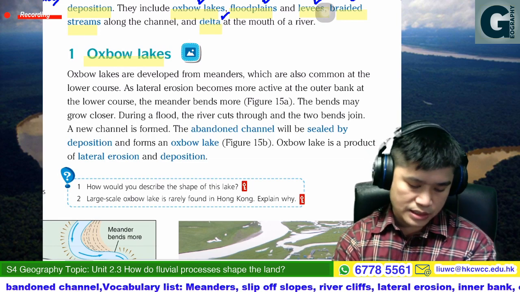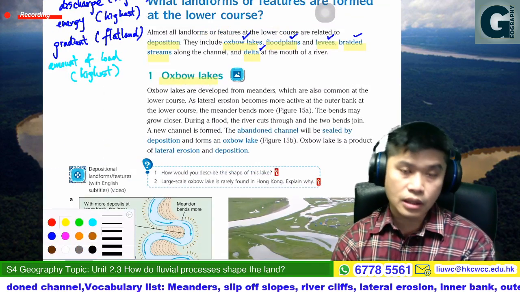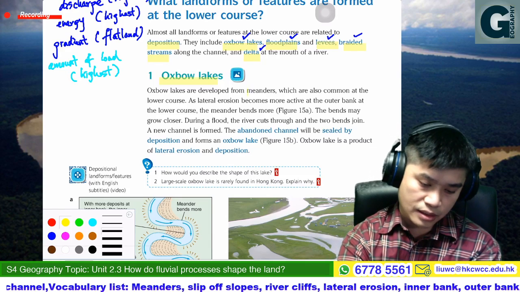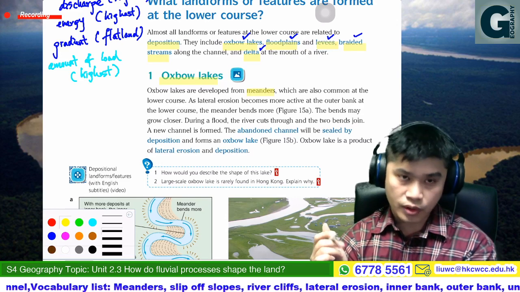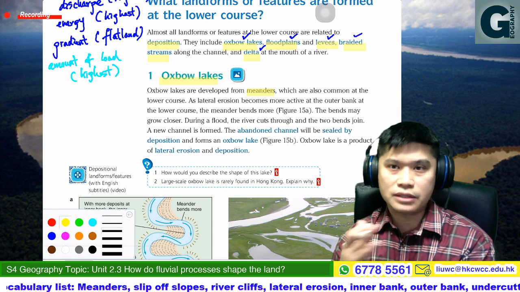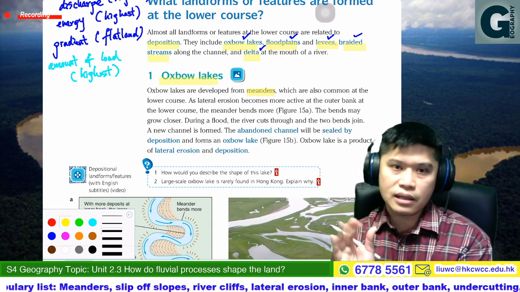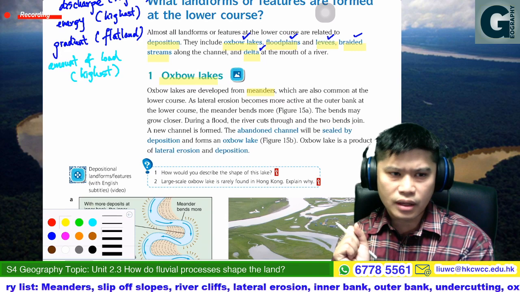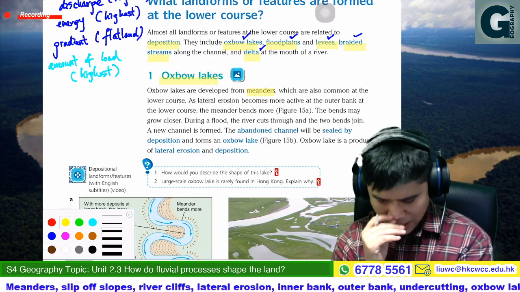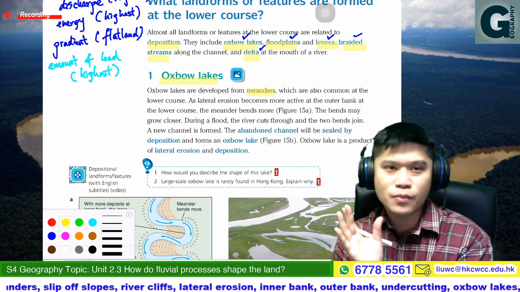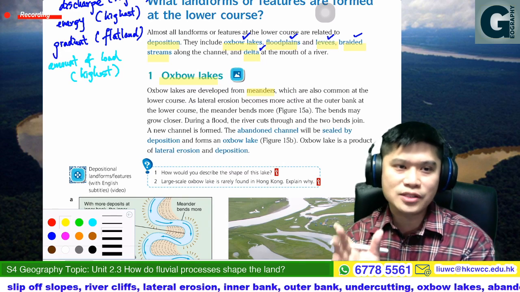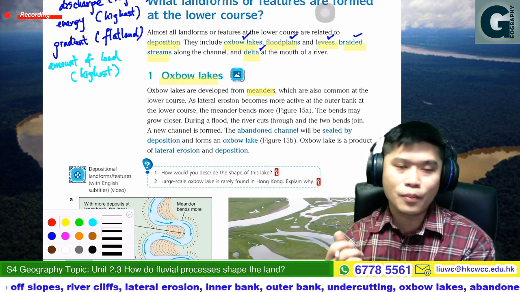Let's highlight some key points in this paragraph first. Oxbow Lake is developed from the meander, which is relatively common in the lower course. But in Hong Kong, is there any Oxbow Lake? I would say in one case we can say that could be like an Oxbow Lake, but it is not produced by a natural process.